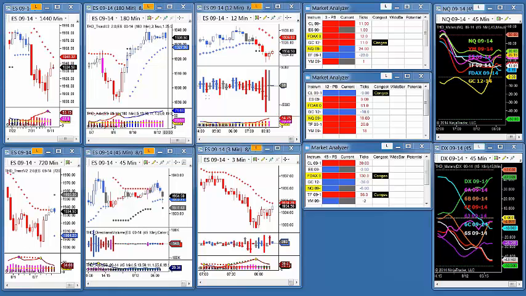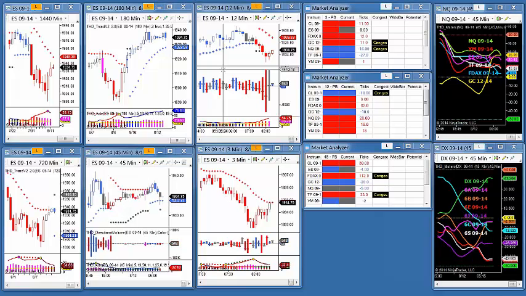Okay, the directional volume indicator is one that I designed, and it's based on price action and volume all thrown in together. So in other words, every time I see one of these red bars, I know that price has made a low when compared to the previous bar. Every time I see a blue volume bar, I know that price has made a high when compared to the previous bar.